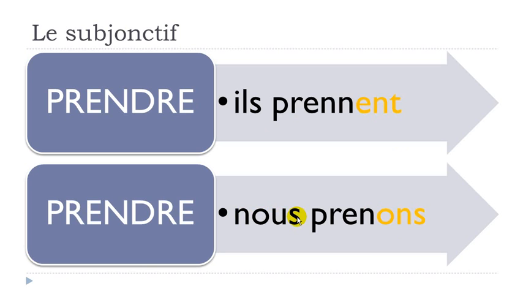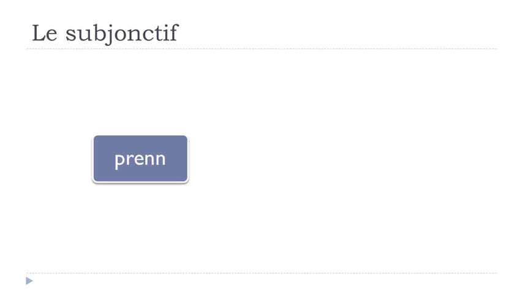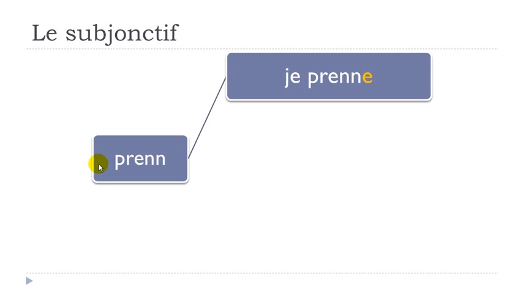And of course, what we'll do is take the endings away, and we'll keep only the first part here and the first part here. So we'll take this first part, the part that we took away from this ils form, and then we'll put je. Je, so we take it back, have a look, it goes here, and we put the ending.